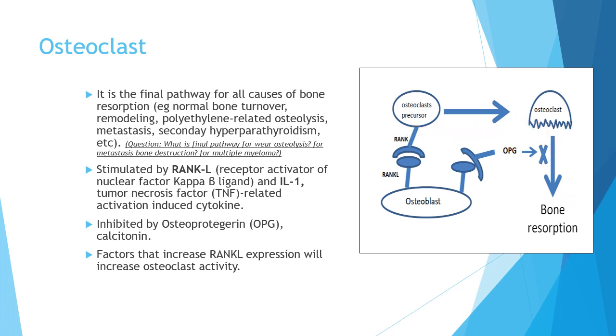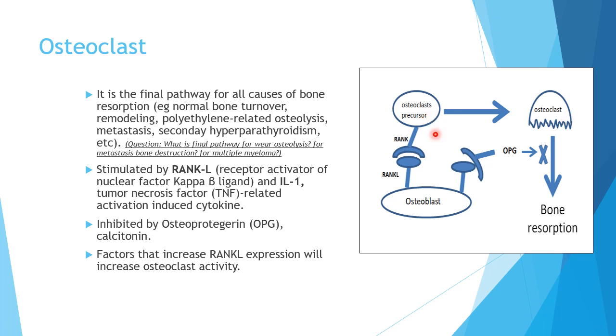There is something called OPG, or osteoprotegerin. This is a competitor for the RANK, and it will come into contact with RANKL and block the RANKL. So OPG will decrease the conversion of osteoclast precursor to osteoclast.